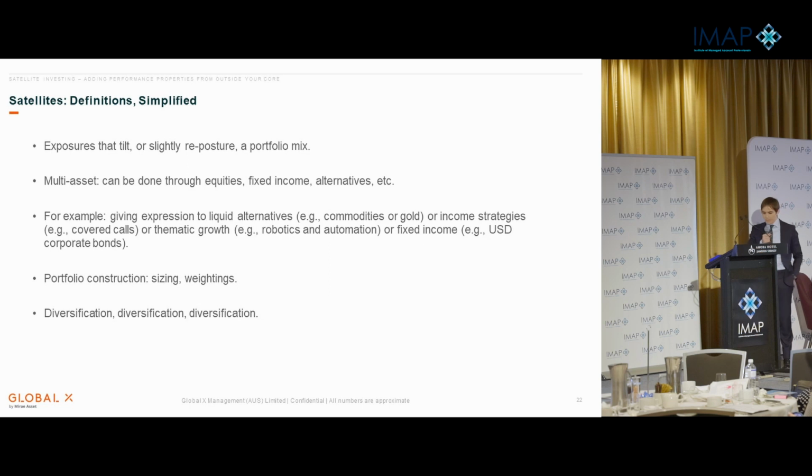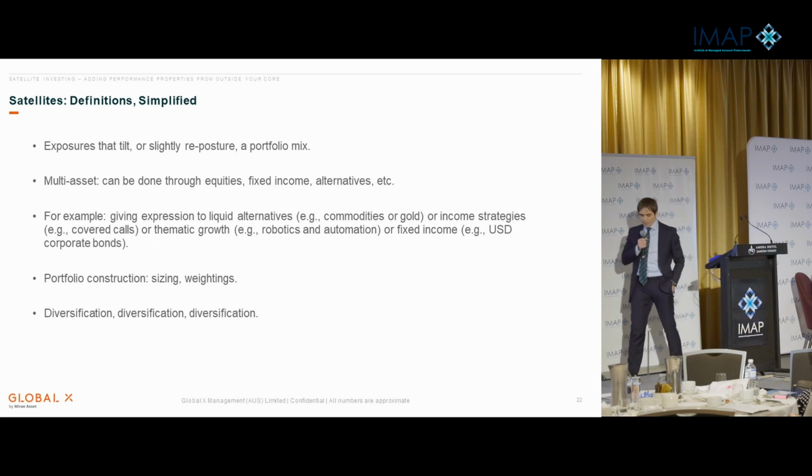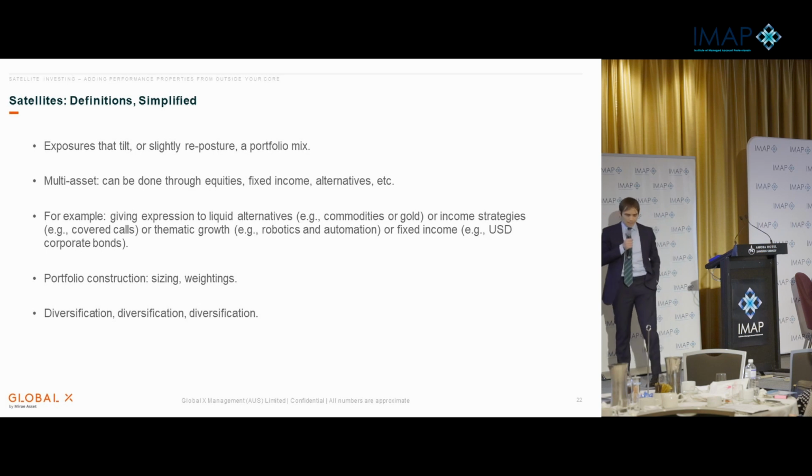So a few itemized examples. If you're going to do liquid alternatives, mark-to-market alternatives, perhaps it's in the form of commodities. Or perhaps it's a liquid diversifier like Australian dollar gold. Or if it's on the equity side, it could be a thematic.